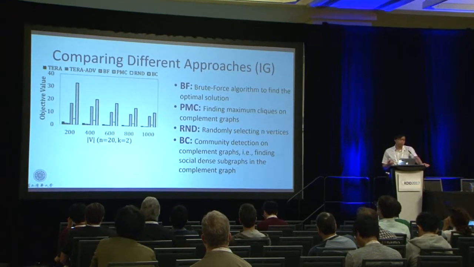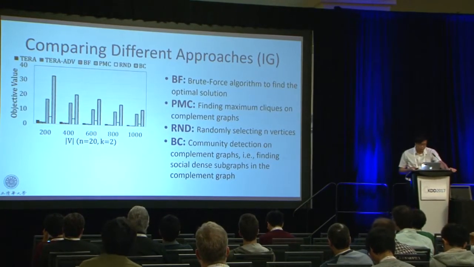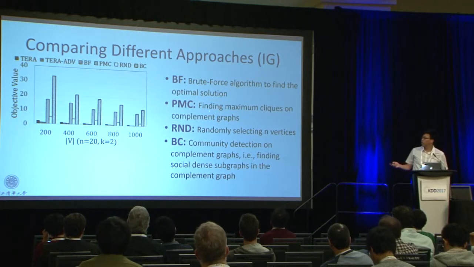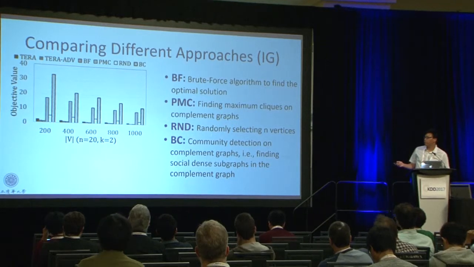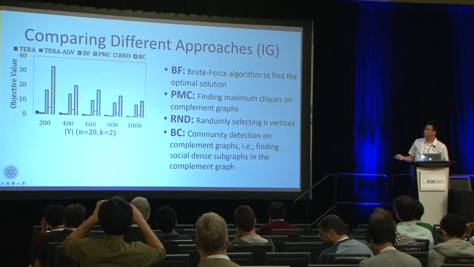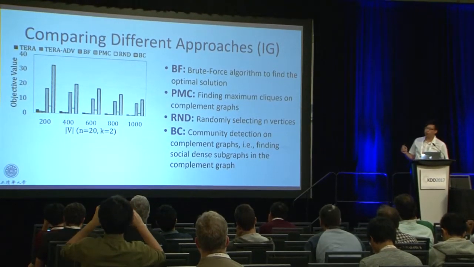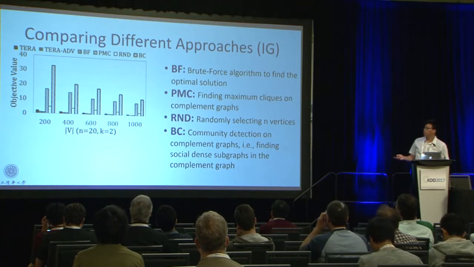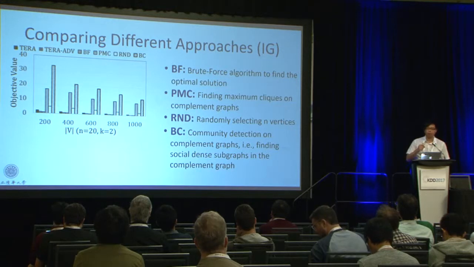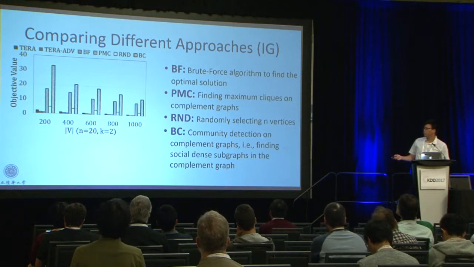Otherwise, BF does not return in reasonable time. PMC is an existing algorithm to find maximum cliques on the complement graph. RND randomly selects n vertices from the original graph. And BC is another community detection algorithm on complement graphs, another approach to find socially dense subgraphs in a complement graph.